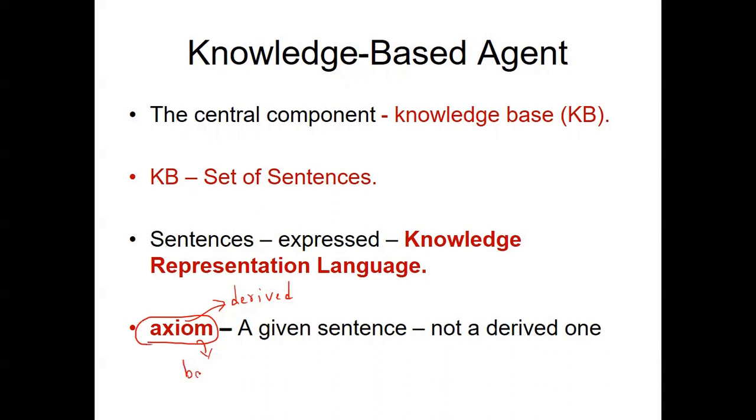For example, a very basic fact which is generally acceptable by all, and there is no way to prove it. Such sentences should be represented in the system, and they are called axioms. There is no formal way to prove them, but they are known facts.